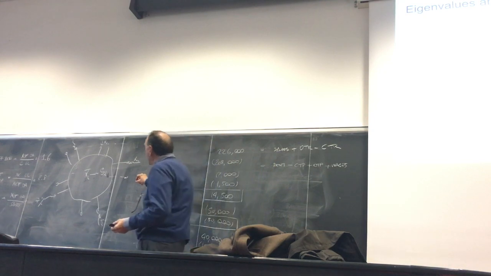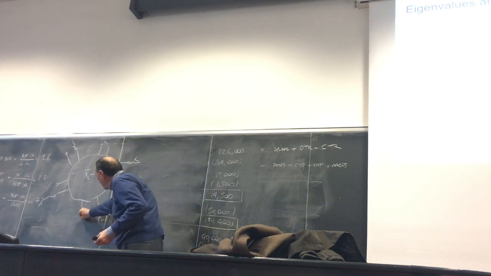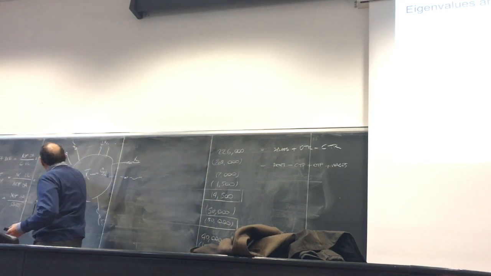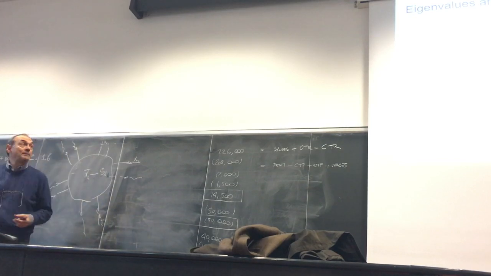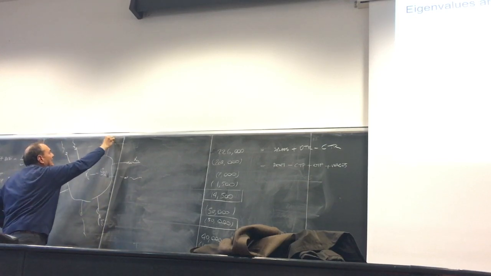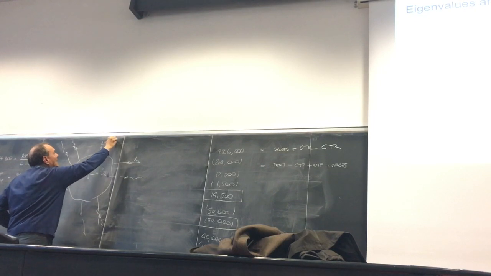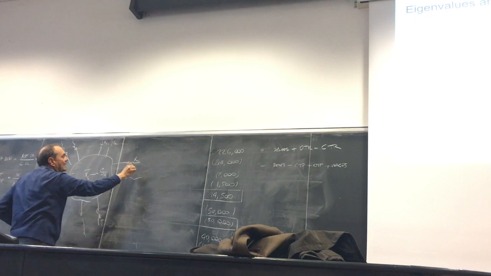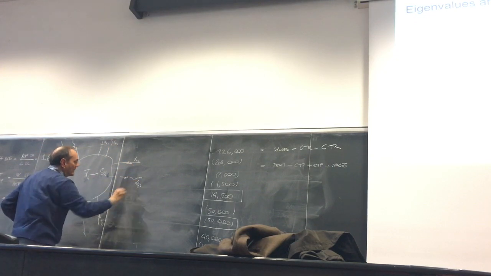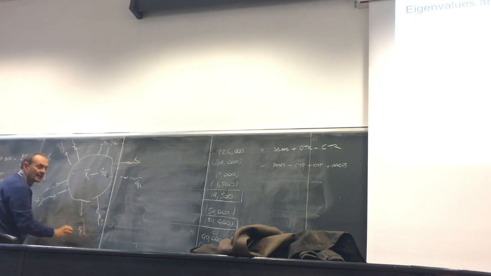The property is that if I consider the reflected wave at each port, and let's suppose that these reflected waves are x beta 1, x beta 2, x beta 3, and so on.